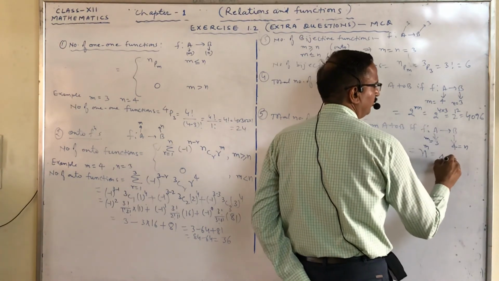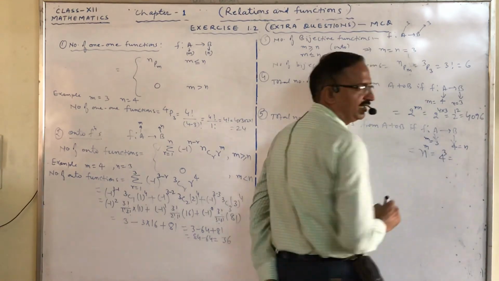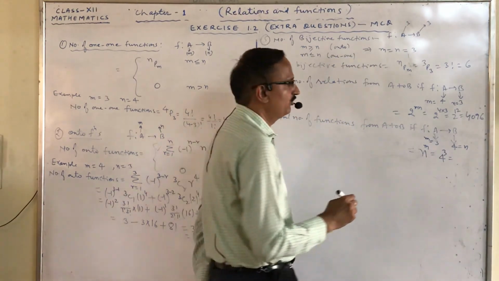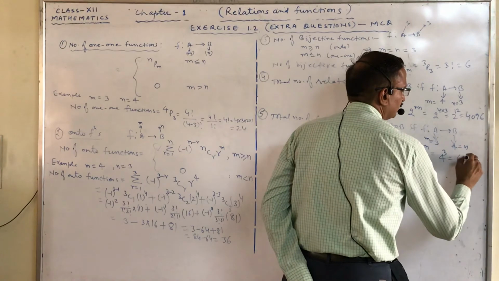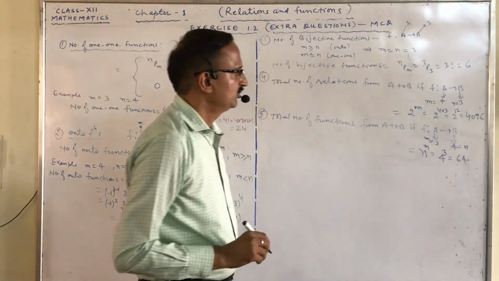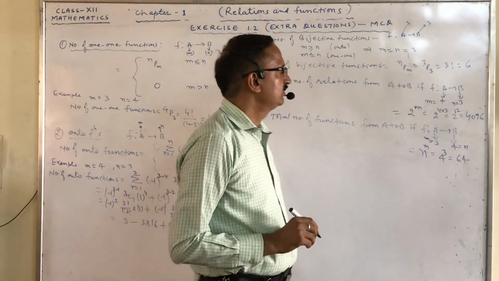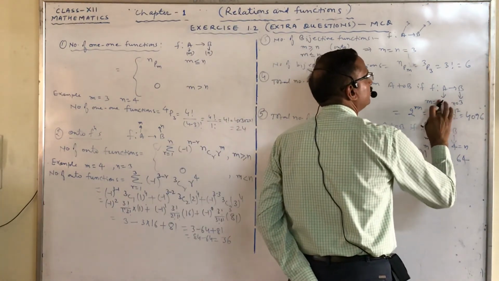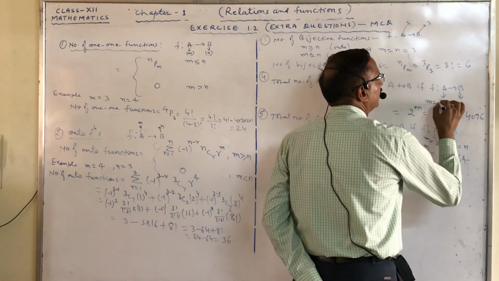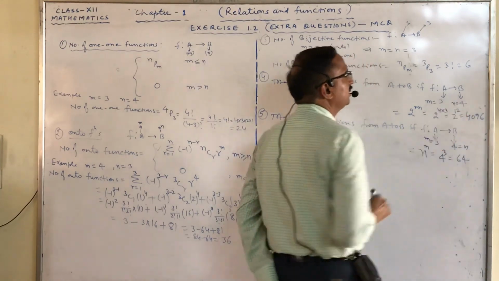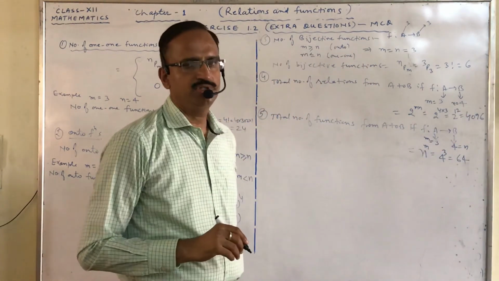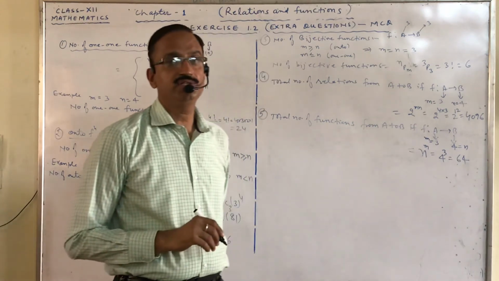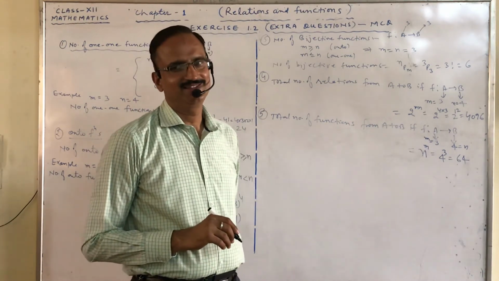So we can write 4 raised to power 3, that is 64. If you change this one, then we will get the same answer. There is no change in the relation, but there is a change in the function.